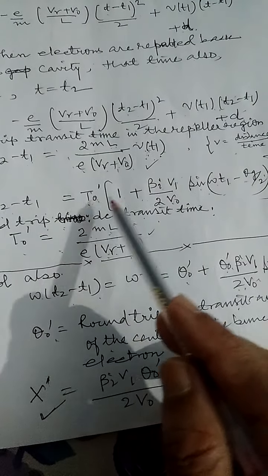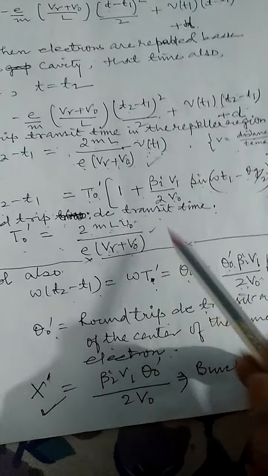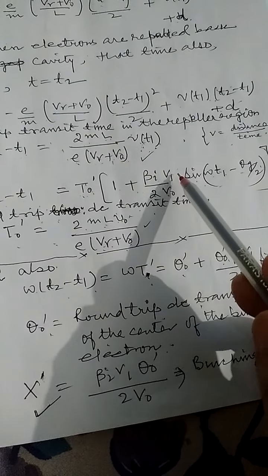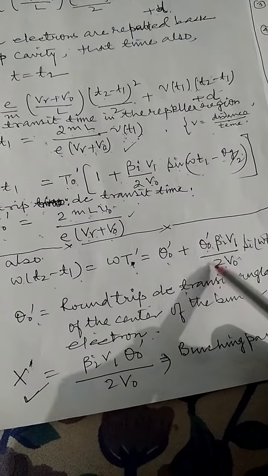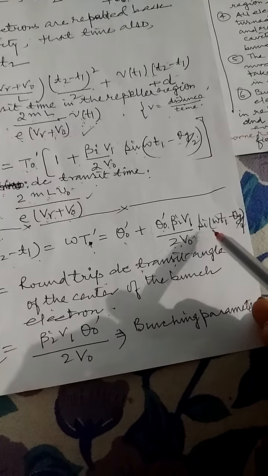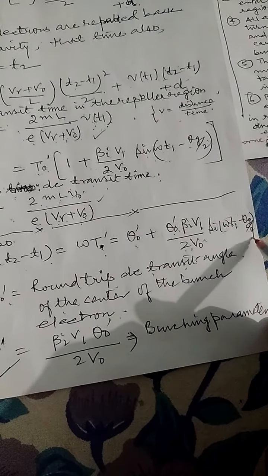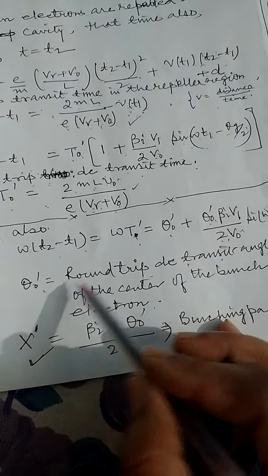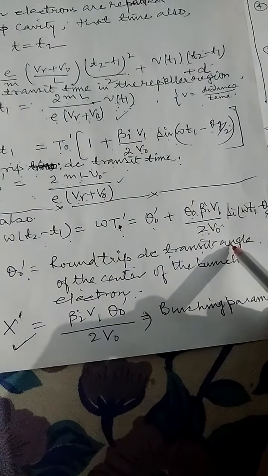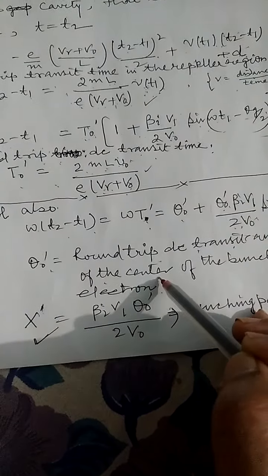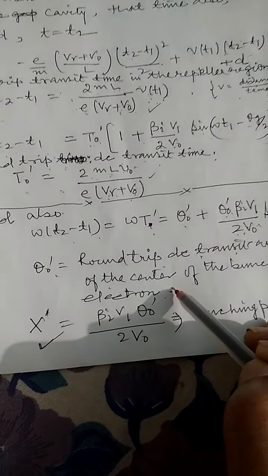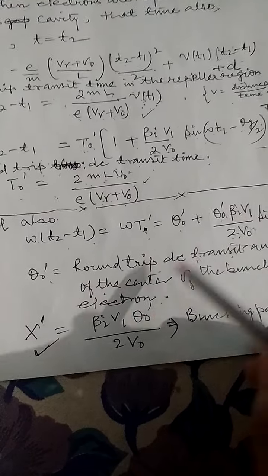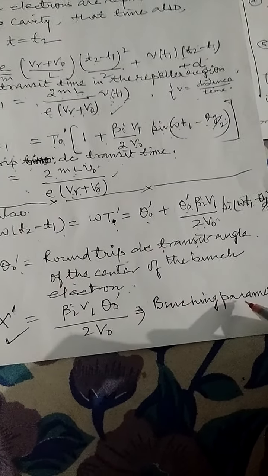If I take it inside, omega t naught dash I have replaced by theta naught dash, so this becomes theta naught dash times beta i v1 divided by 2 v naught, sin omega t1 minus theta g by 2. This theta naught dash is known as the round trip DC transit angle of the center of the bunch electron, and this x dash is termed as the bunching parameter.